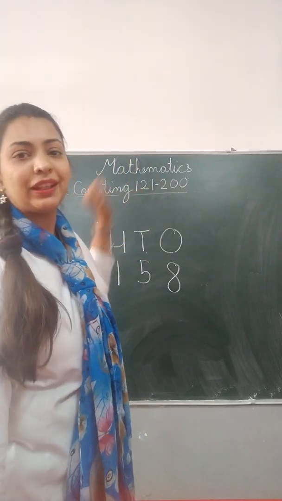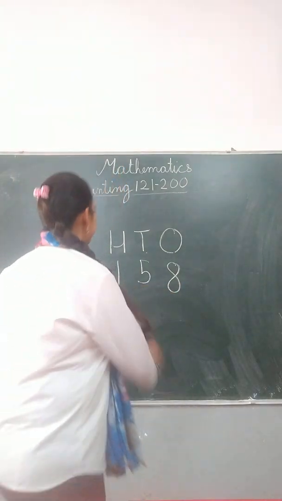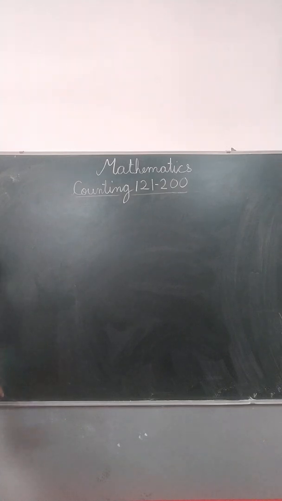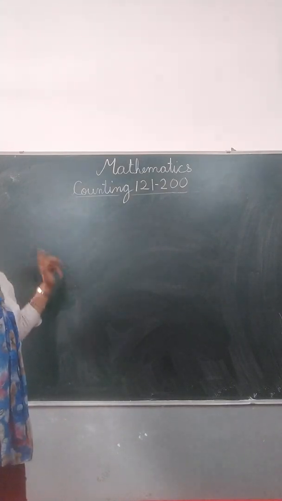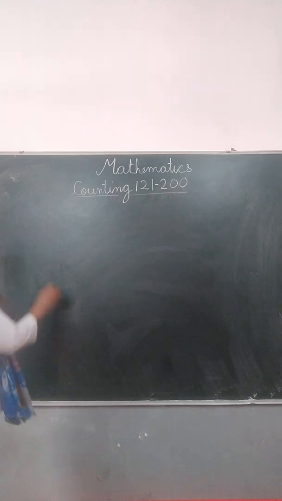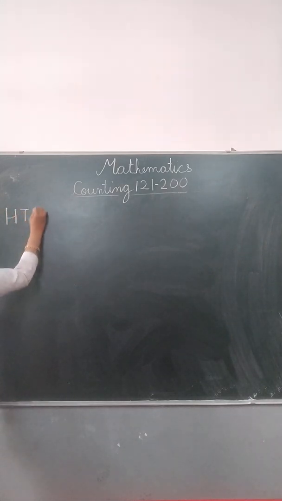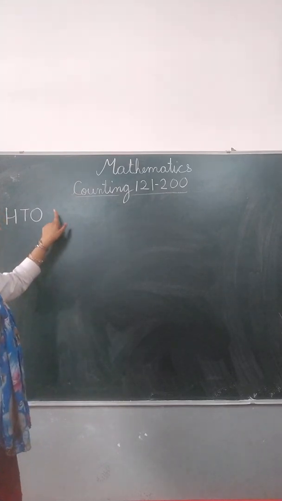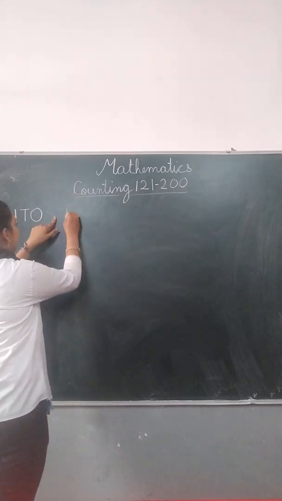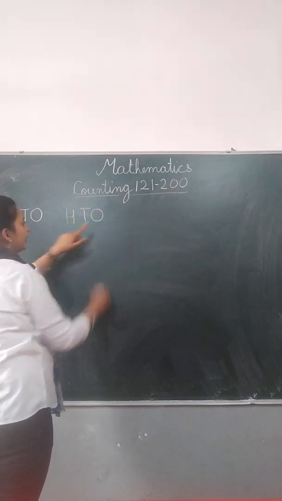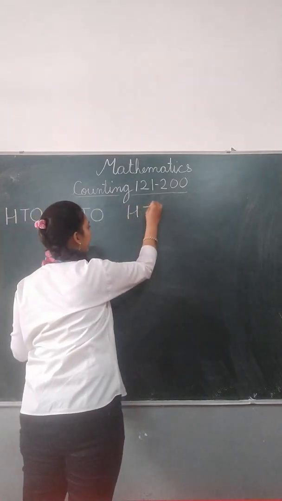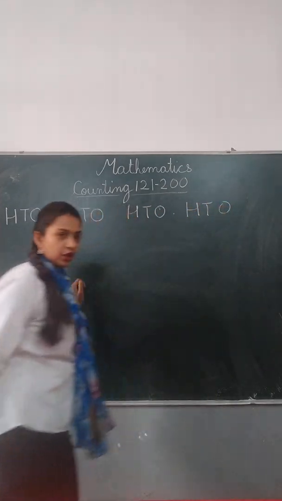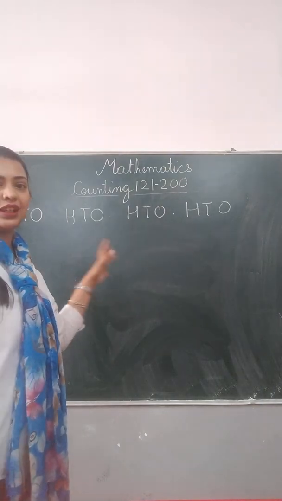Now coming back to our topic, 121 to 200. How can you do this in your notebook? Whenever you are starting your countings, you always have to begin with the alphabets H, T, O. Write down H, T, O in three different columns, then leave one box and write H, T, O again, then leave one box and write H, T, O, and again leave one box and write H, T, O. This will help you write the countings.